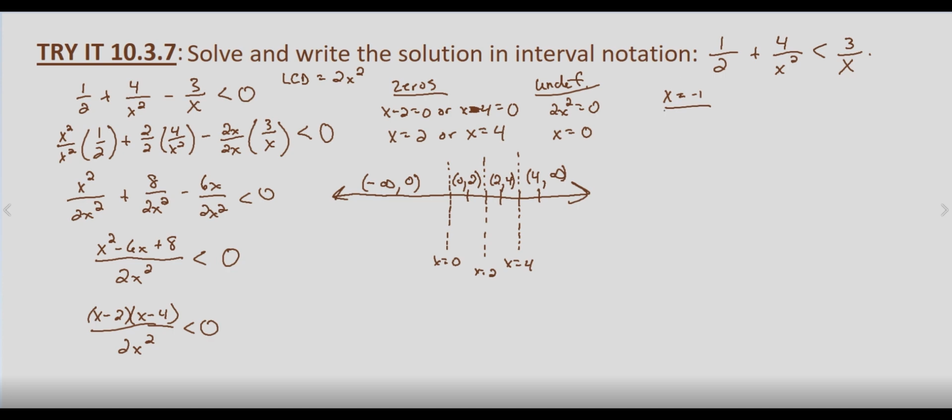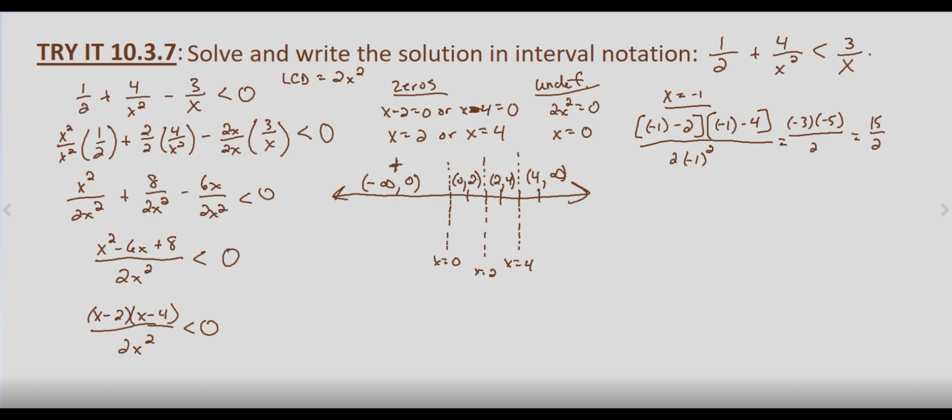So at x equals negative 1, we have negative 1 minus 2 times negative 1 minus 4 over 2 times negative 1 squared. That's going to equal negative 3 times negative 5 over 2 times 1 is 2, which equals 15 halves, or 7.5. So that is not less than 0. So this does not check, because this is positive in this interval.